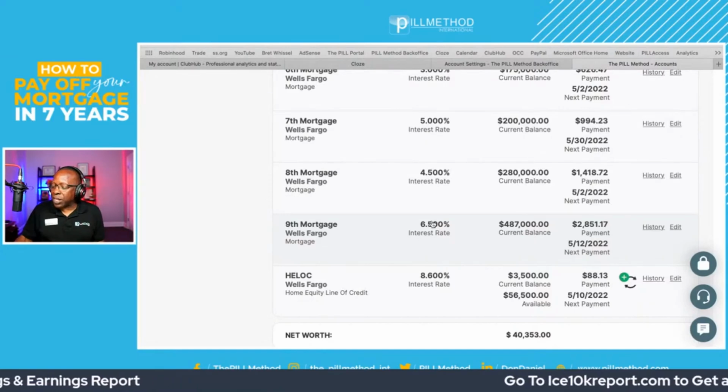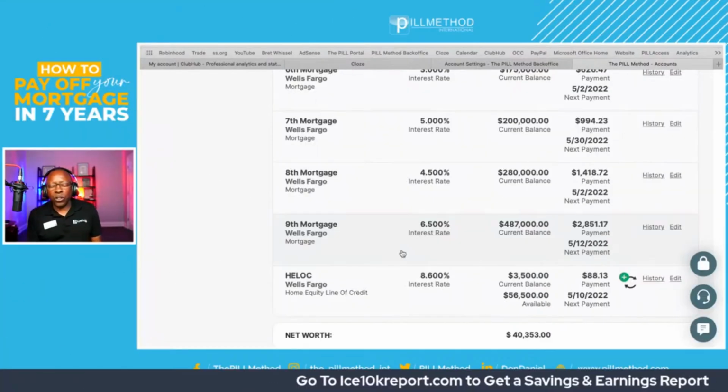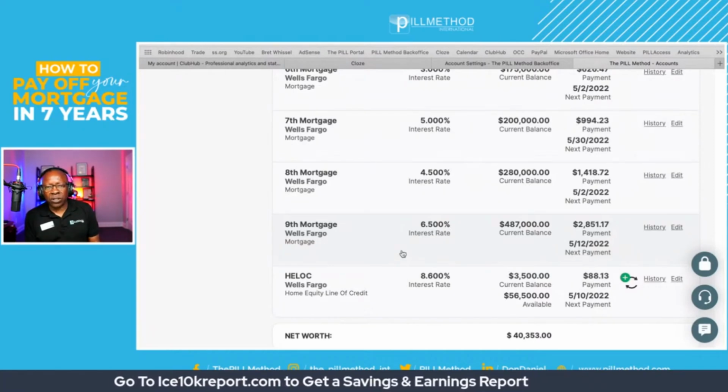Mortgage number 9 is $487,000 at 6.5%. Do you realize that real estate investors are paying that kind of interest right now?